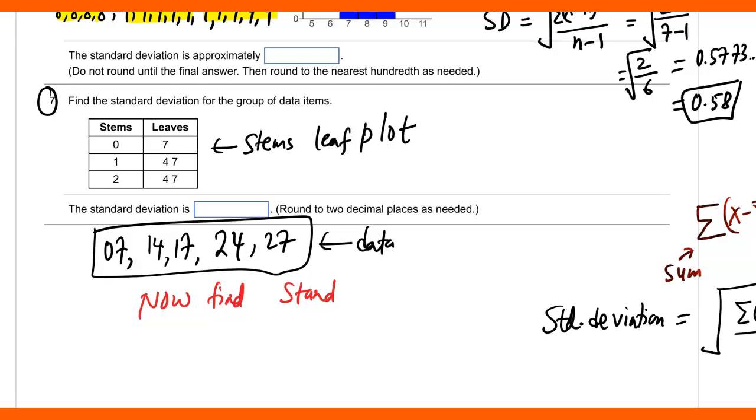Okay, find the standard deviation as we did before. And you guys finish it yourselves for question number 7.